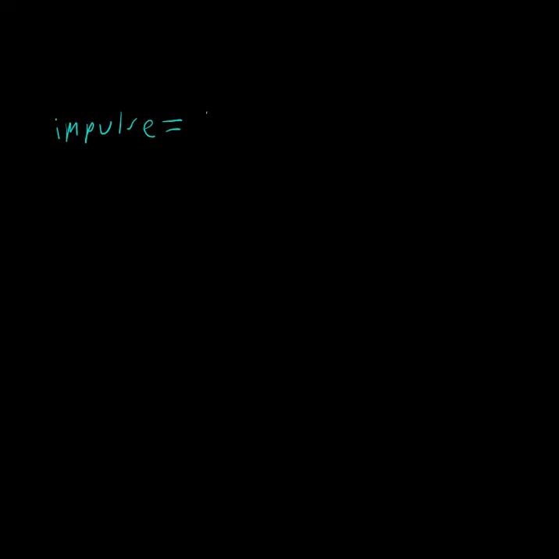So we might call this force times delta t, and all this is to say is the final time minus the initial time. It would be the change in time. A lot of times it would be fine to write force times time, but I think this delta is important. And again, all this means is delta t equals t final, the final time, minus t initial, the initial time.